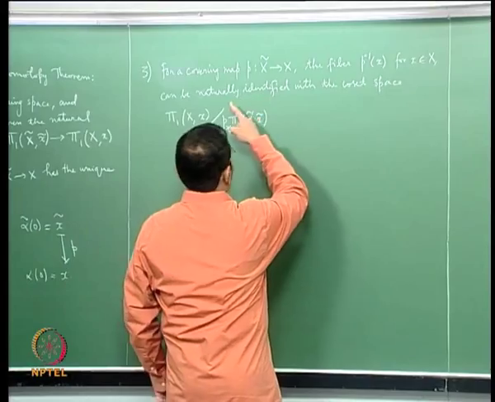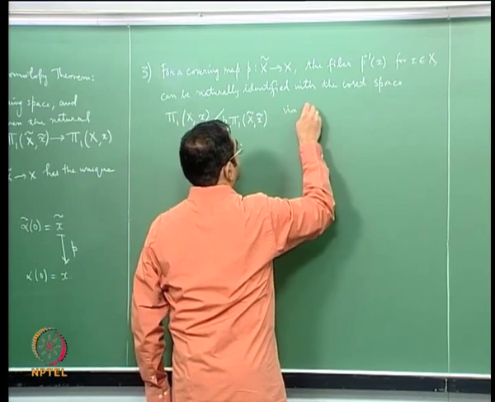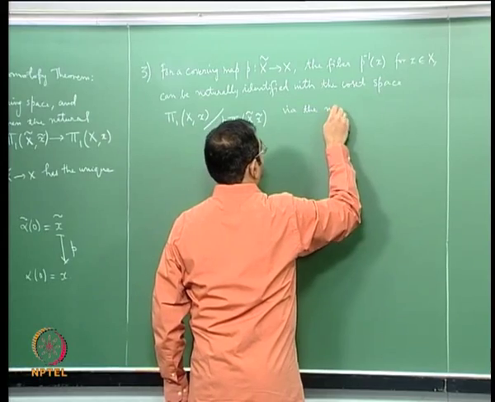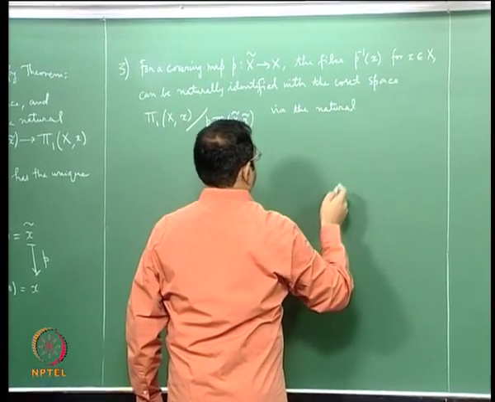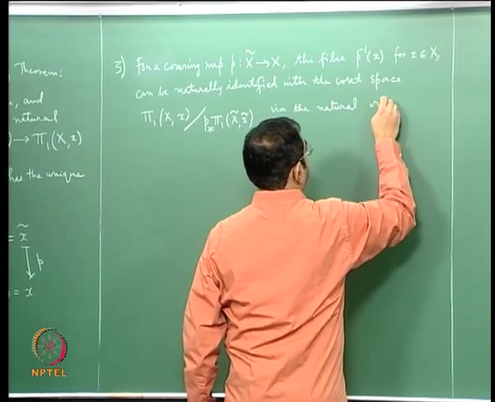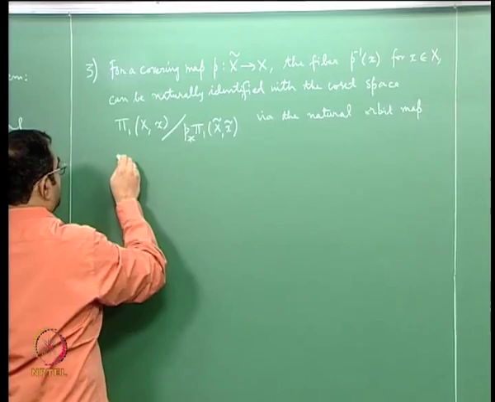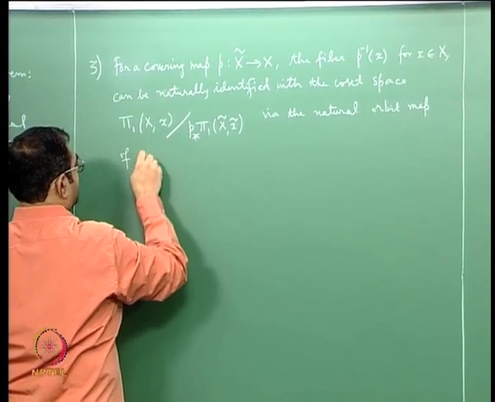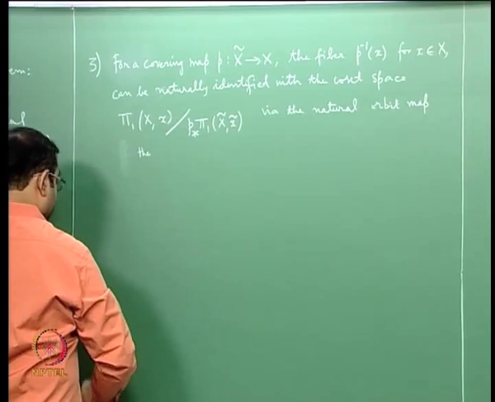So the fiber can be identified with this via the natural orbit map of the point, the orbit map for the point x tilde.